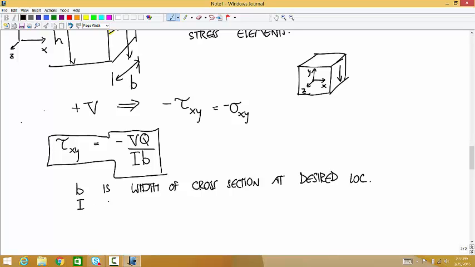I is the area moment of inertia. So that's the same one we use for the bending moment.